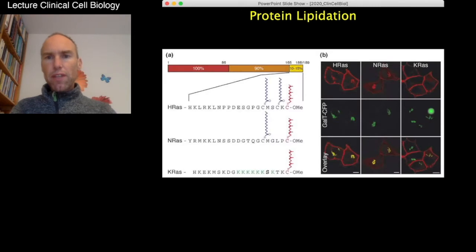Now first, let's have a look at the different HRAS, NRAS and KRAS isoforms and how they localize in cells. In this case, we have fusion proteins, and it shows that for HRAS and NRAS, with the reversible palmitoylation, you see nice plasma membrane labeling. And next to that, you see also some intracellular labeling, which coincides with the Golgi.